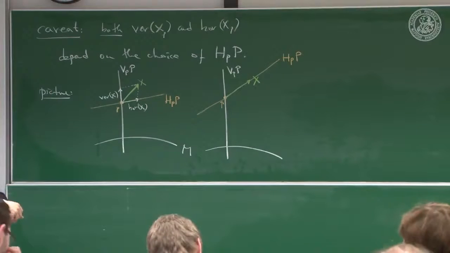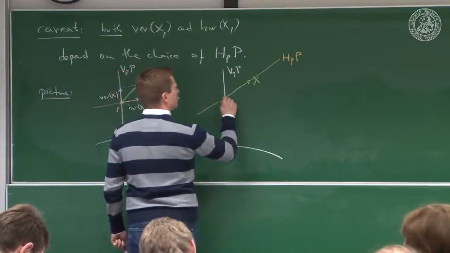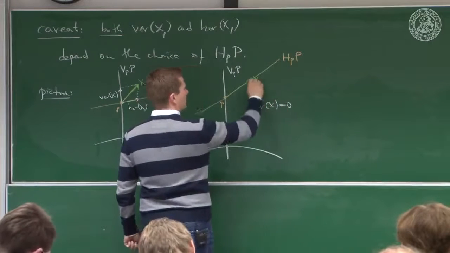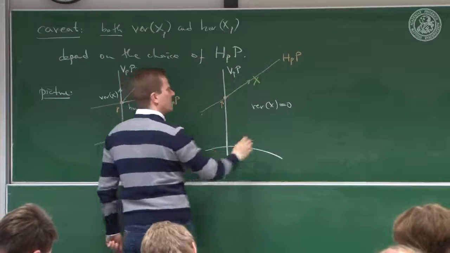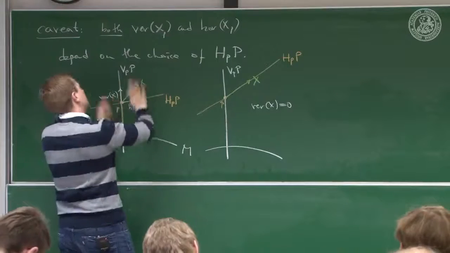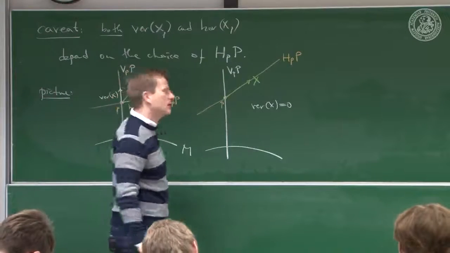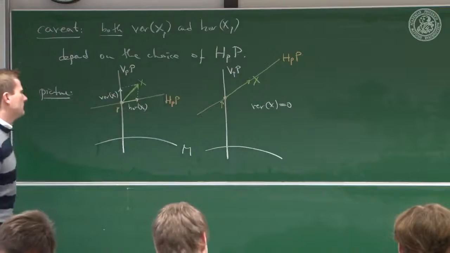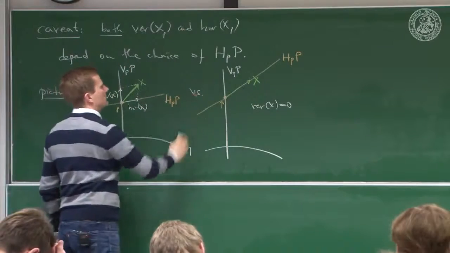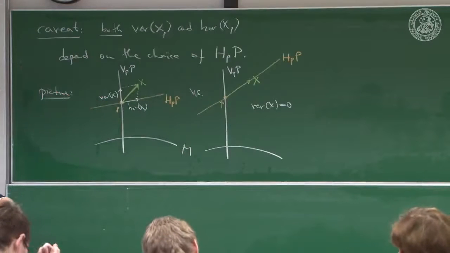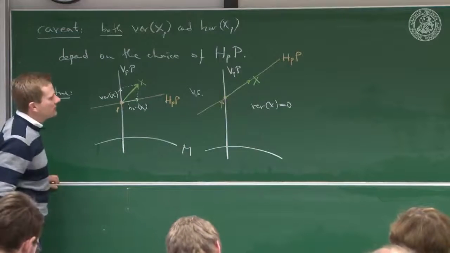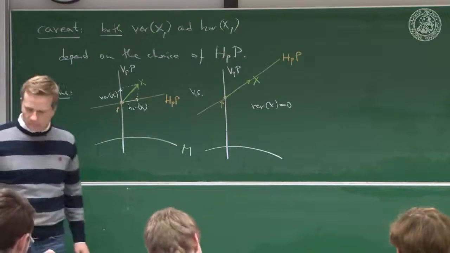It's possible. And now you see that the vertical component of this x is 0. There is no vertical component. And the horizontal component is also different from here, right? Because it's the entire vector. You got to compare, for instance, this one versus this one. So in this decomposition, both the horizontal and the vertical part depend on the choice of HP.